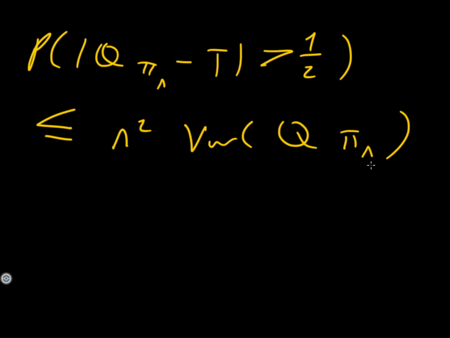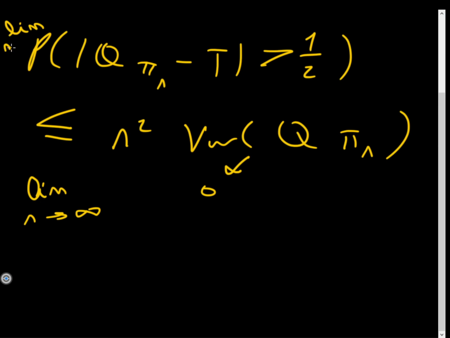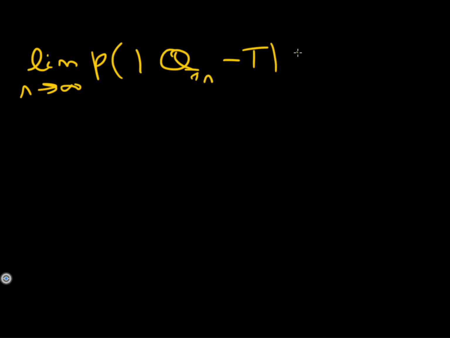If you look at this, and we make it so that the limit tends toward infinity, this will give us 0. Right? So now that we know that it'll give 0, we'll take the case where the limit as n tends to infinity of the probability that Q pi n minus t is bigger than 1 over n is equal to 0.